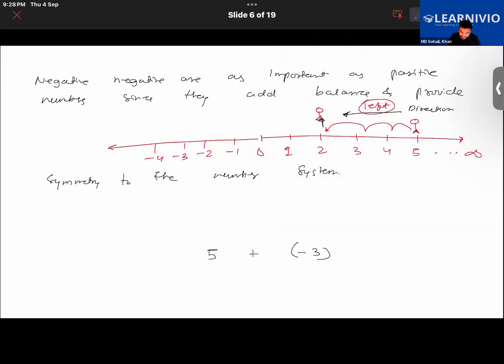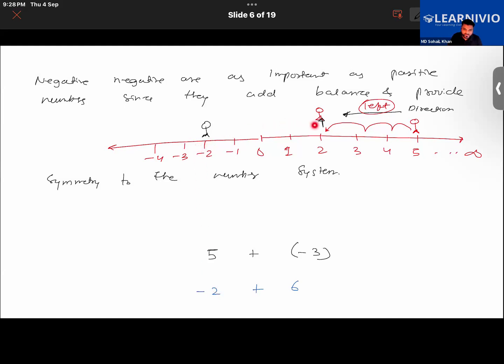Now consider another example. Say that you are having -2 plus 6. Now, in which direction should we move? Right. Always consider this first number as the number where you are standing. You are standing at -2.